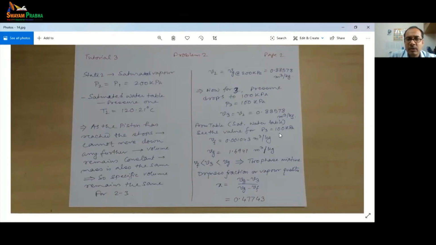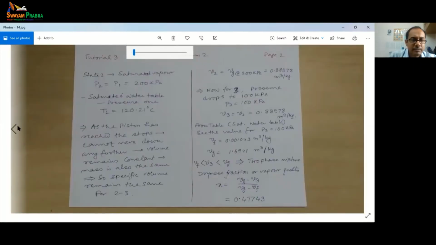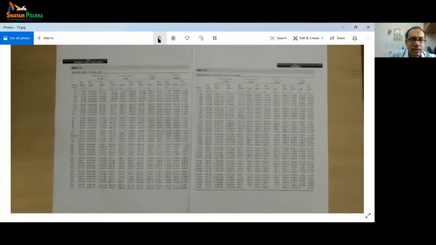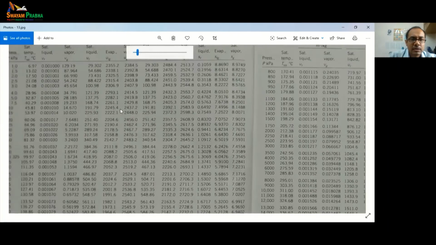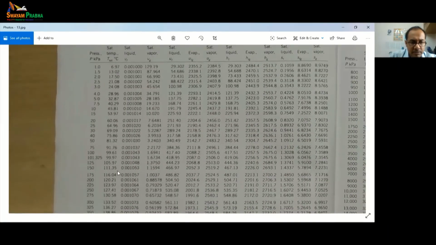If you go to the saturation pressure table corresponding to 100 kPa, this is the saturated water table, pressure table, 100 kPa. We have the specific volumes: for liquid it is 0.11 and for vapor it is 1.69 meter cube per kg.